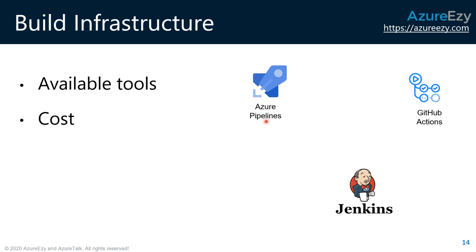Now when we talk about open source software, that is Jenkins. Jenkins comes free as a download, so you can download it. But the thing is, Jenkins is just software. You do not have the infrastructure, unlike Azure Pipelines or GitHub Actions, which are software as a service solutions.